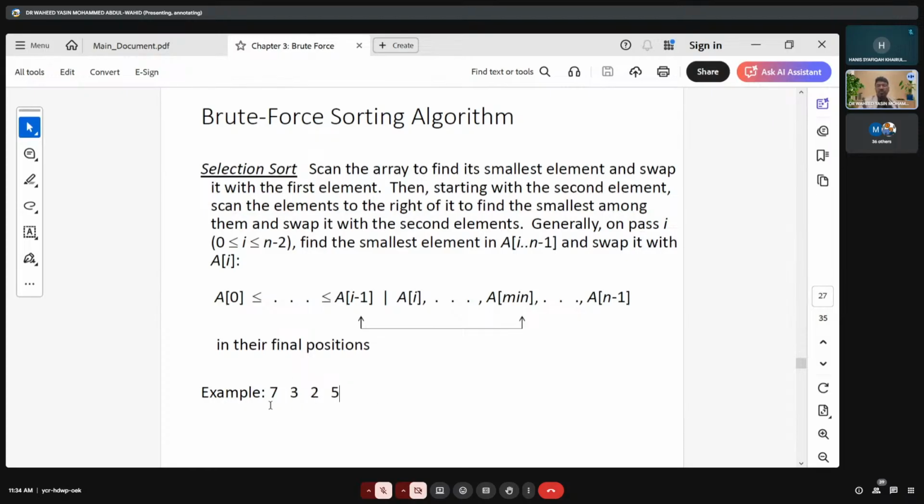We swap 7 with 2. Then we go to the second number and swap. Okay, like this. We don't swap repeatedly like bubble sort. 3 is less than 7, so we take 3; then 2 is less than 3, so we take 2; 2 is less than 5, no. Here we swap one time. We find the smallest value and then we swap.